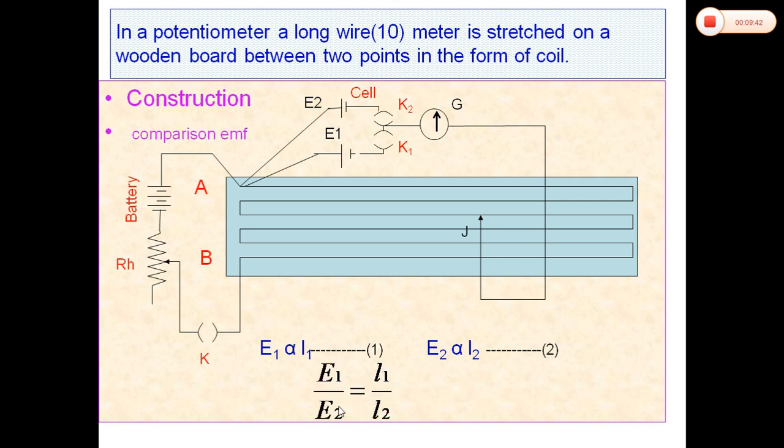Now dividing these two, E1 by E2 will be equal to L1 upon L2. So by finding the values of L1 and L2, we can find the ratio of EMF of the two cells. This is the second experiment and second use of the potentiometer, which is in theory as well as in practical classes.